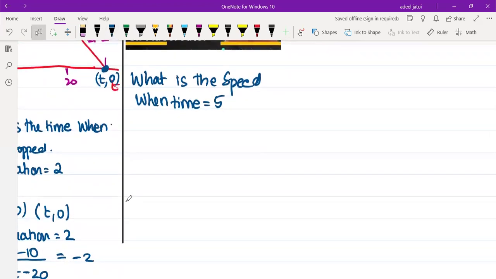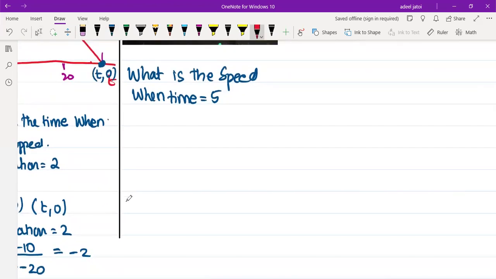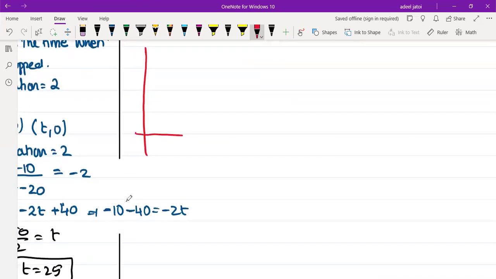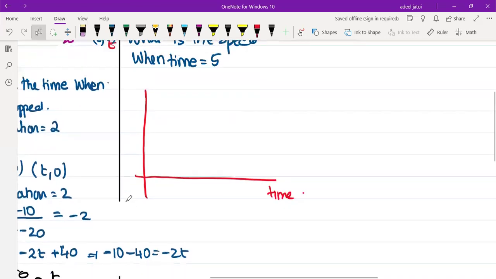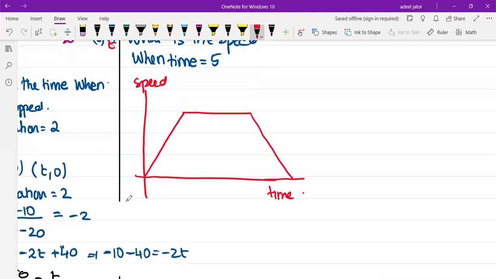Now, let's draw the graph again because we had that drawn. This is your time. This is your speed. Your graph was like this. The values were 8, 20, 25, and 10.